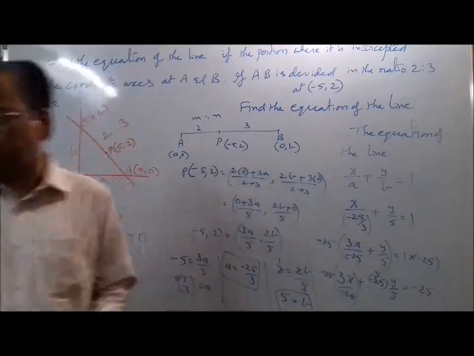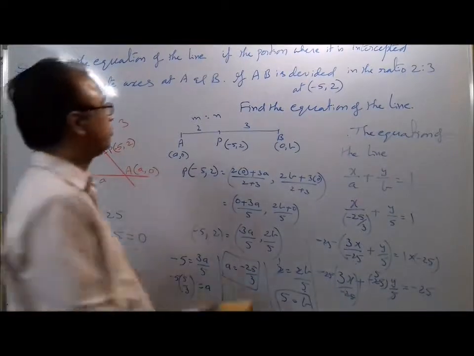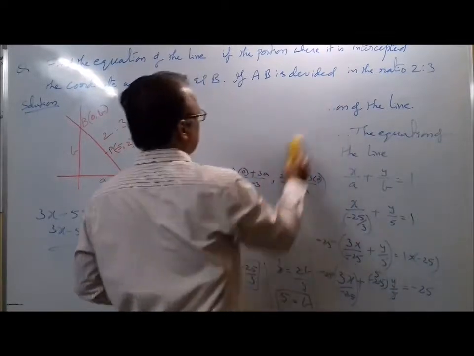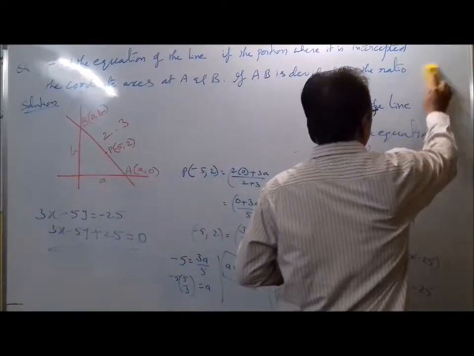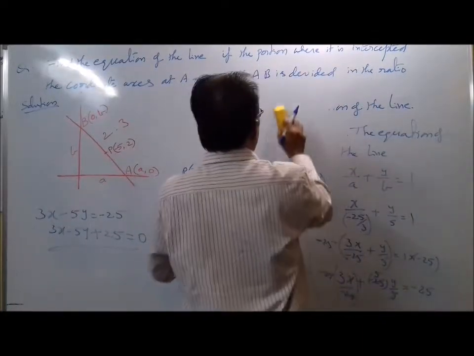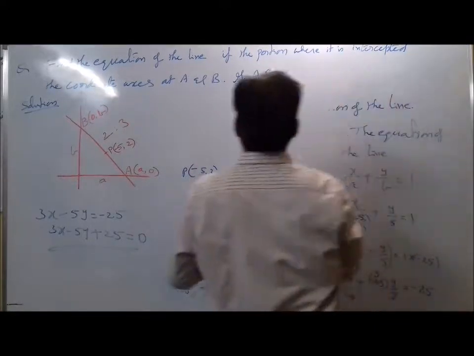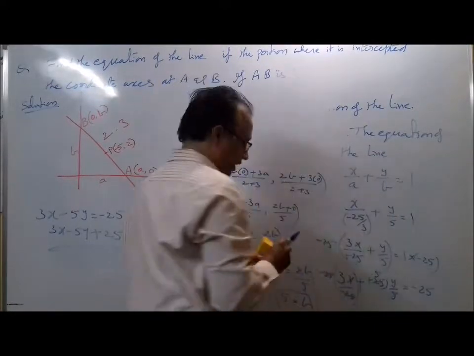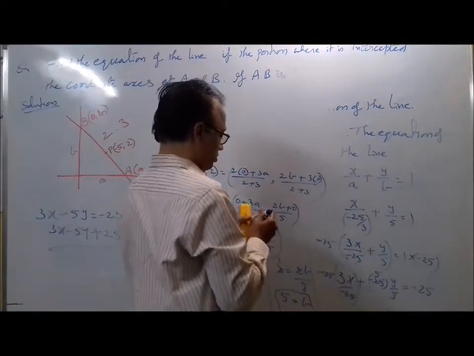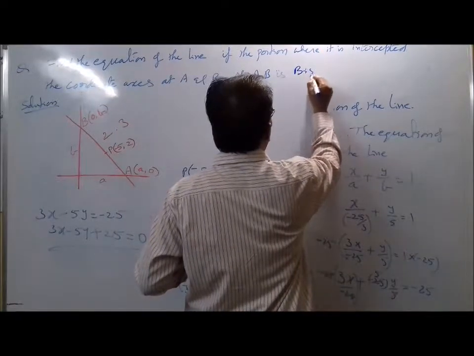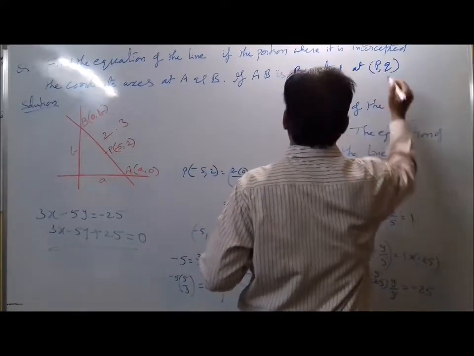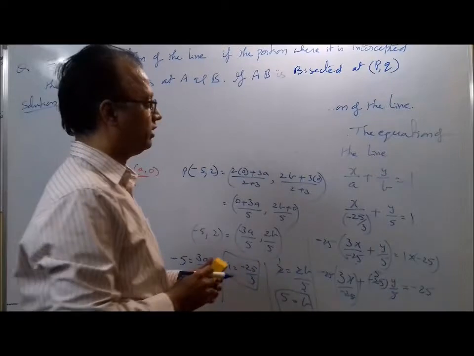Suppose instead of 2:3, I change the problem a little bit. If AB is bisected at P comma Q, then find the equation of the line.